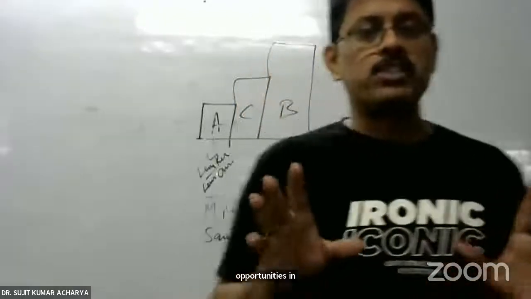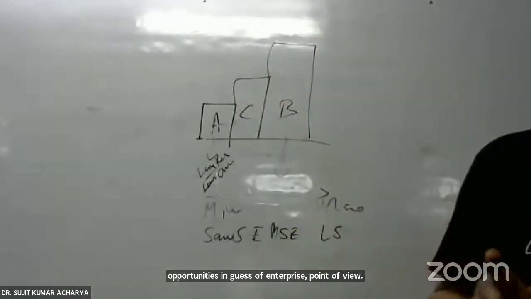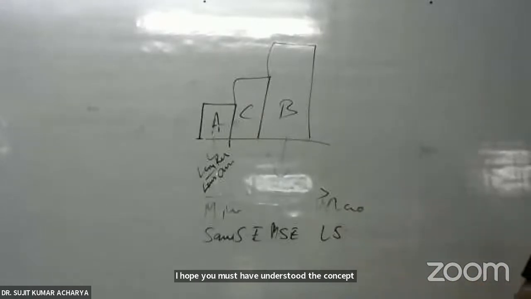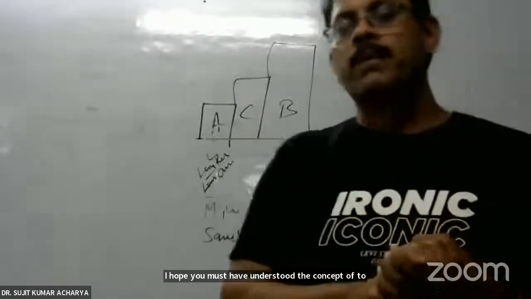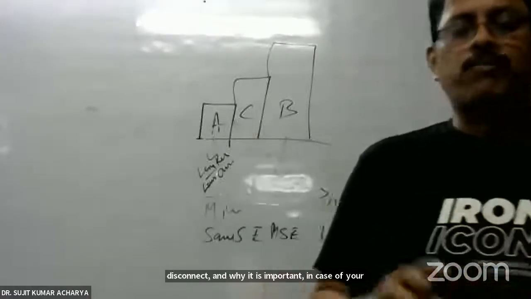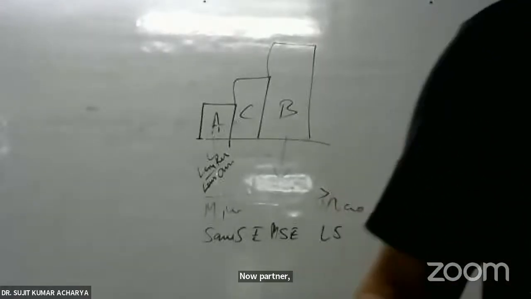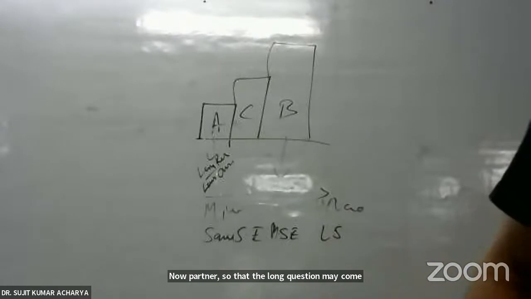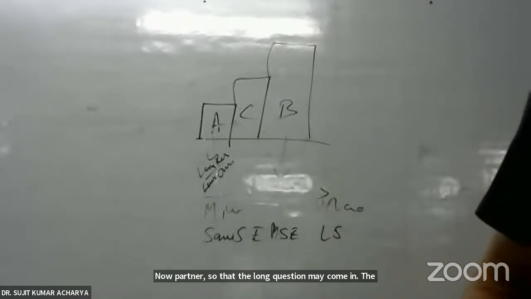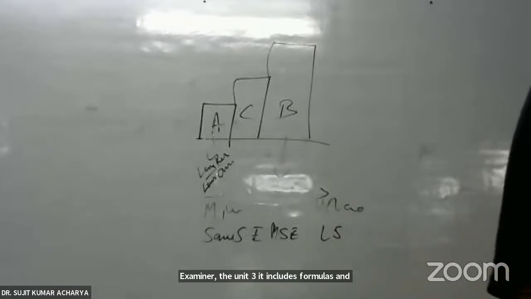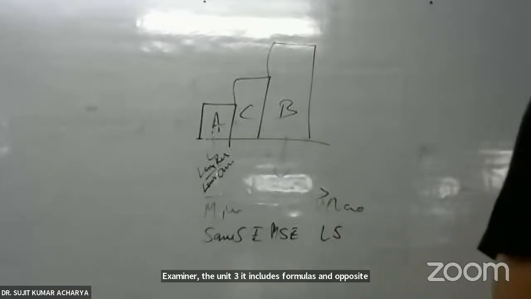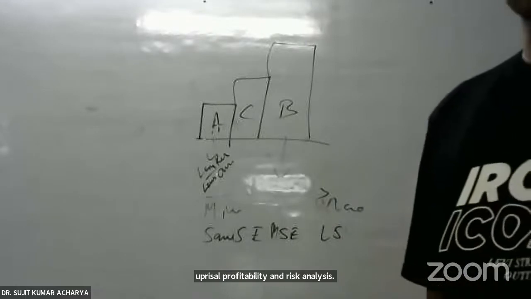I hope you must have understood the concept of opportunity scanning and why it is important in the formation of project. Now, formation of project, the long question may come in the examination. The unit 3 includes formulation of project, appraisal, profitability, and risk analysis. Now, project formulation, just write 1 or 2 lines.